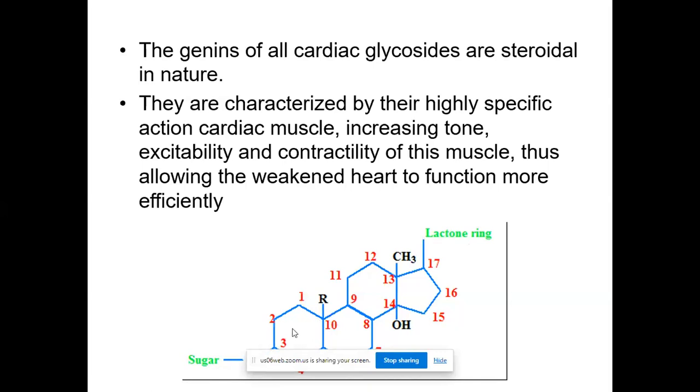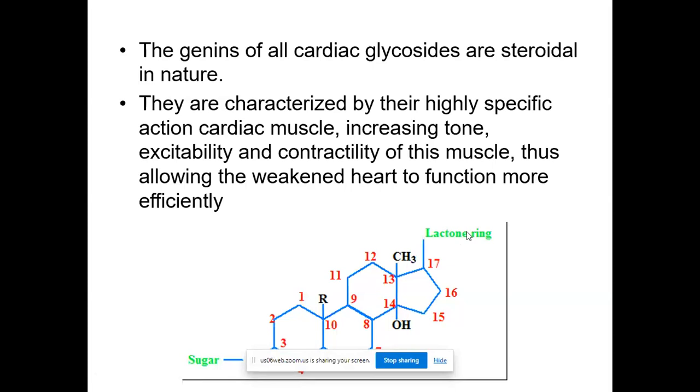So A and B are linked via the cis, and then also C and D. Configuration. And then we'll see that the lactone ring, there are two types.